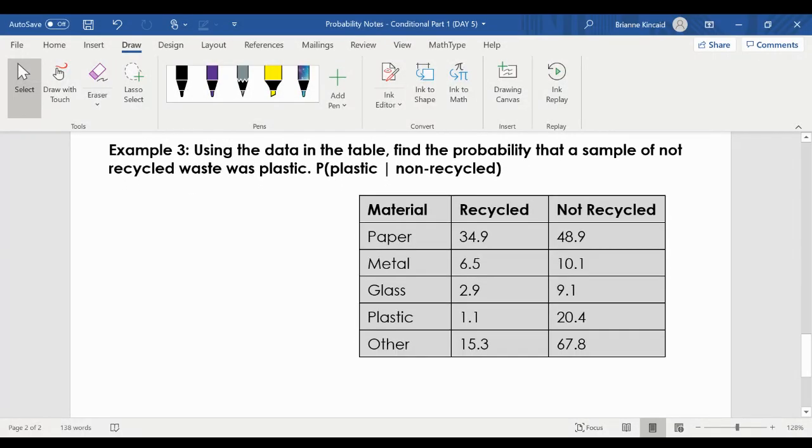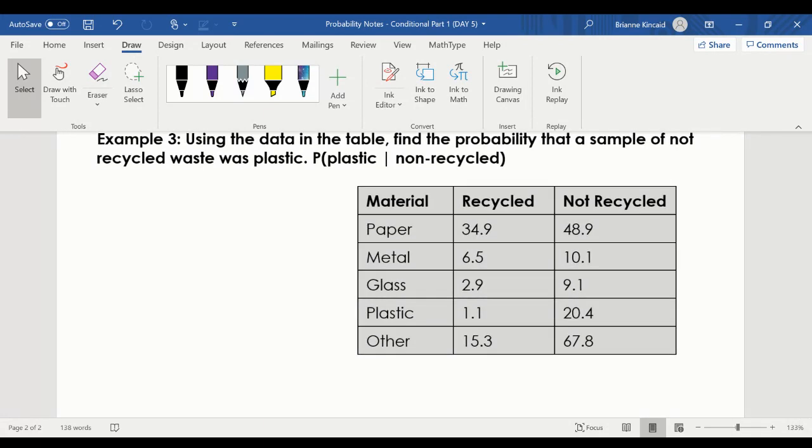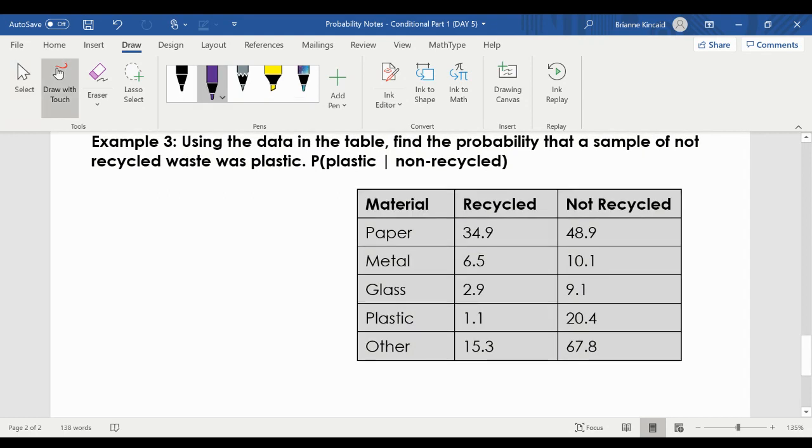Okay. And then our last example that we have here, typically you hear these called two-way tables, but what you'll notice is that you can see a lot of different numbers here. So I'm going to total up my recycled materials to get 60.7. I'm going to total up my non-recycled materials to get 156.3.